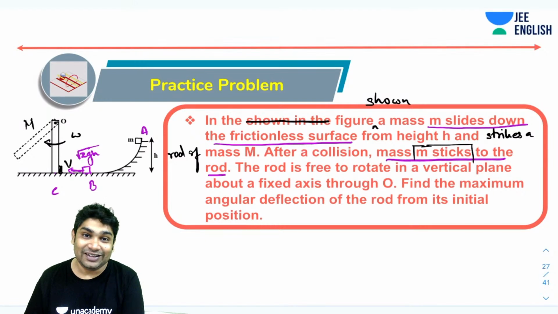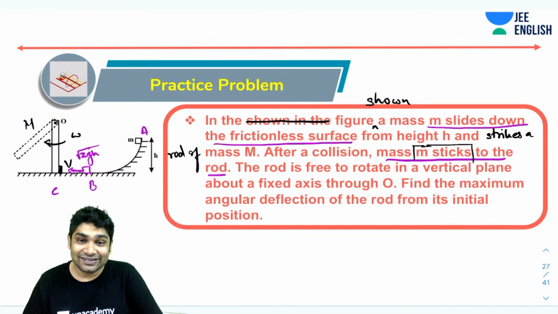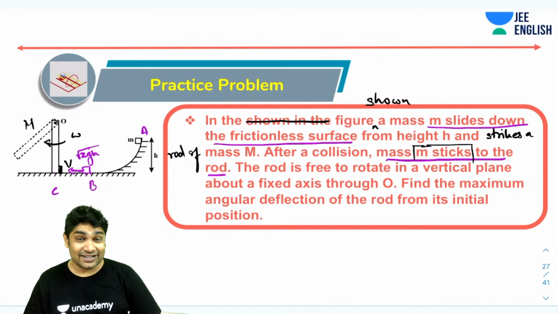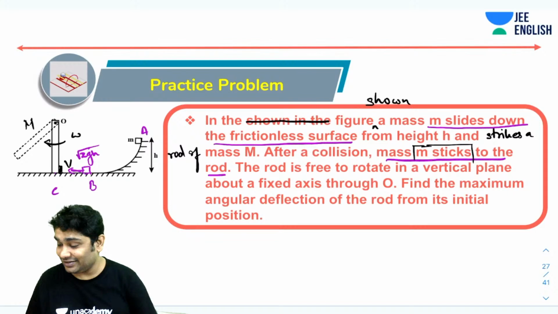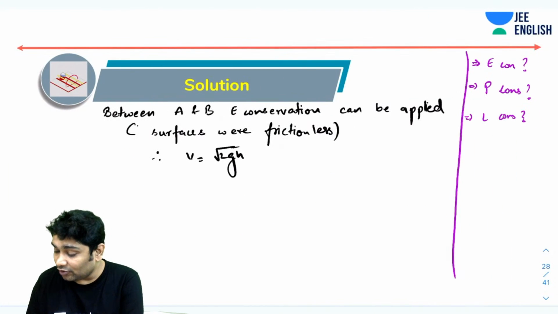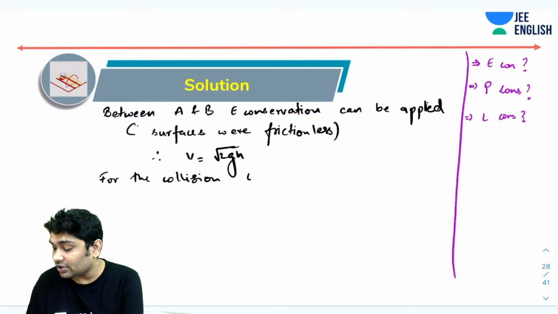When does that happen? There is no velocity of separation. Yes, this is very, very important. The mass sticks, so this kind of collision is inelastic. In inelastic collisions, we know that energy is not conserved. So for the collision, energy conservation cannot be applied.